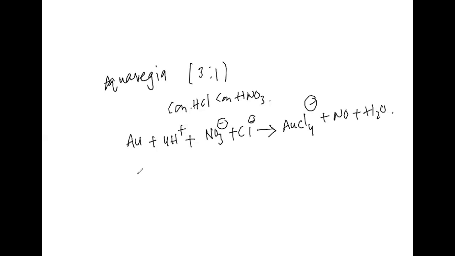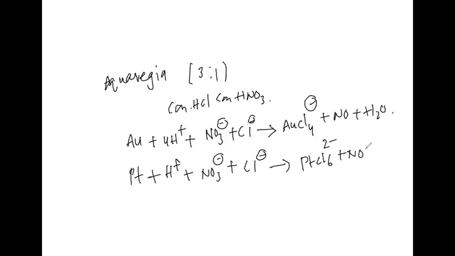Even if you take platinum, when it reacts with H+ plus NO3- plus Cl- it gives rise to PtCl6 2- plus NO plus H2O. What is the name of these two? Tetrachloroaurate. What is the name of this?